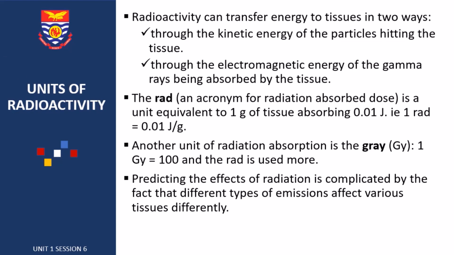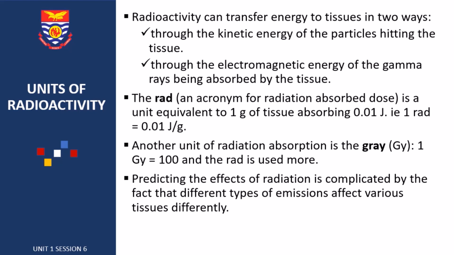Let us continue with the units of radioactivity. Other measures of radioactivity are based on the effect it has on living tissues. It transfers energy, like thermal energy from boiling water, to tissues, and this can damage the tissues. Radioactivity can transfer energy to tissues in two ways. One of them is through the kinetic energy of the particles hitting the tissue.